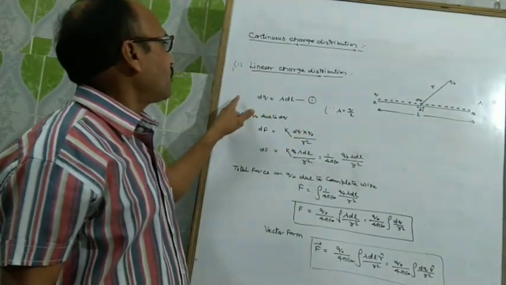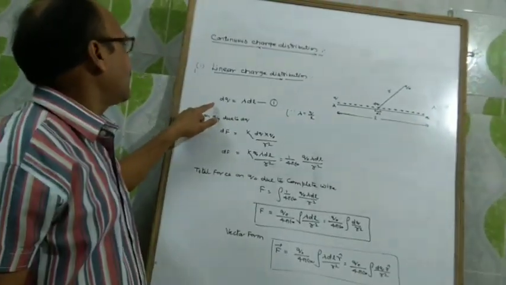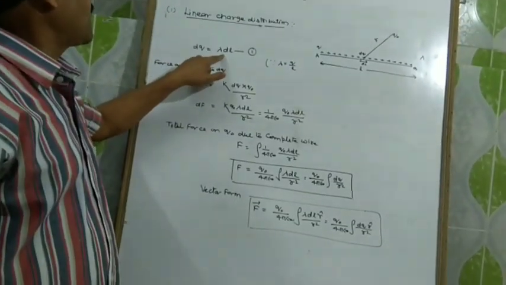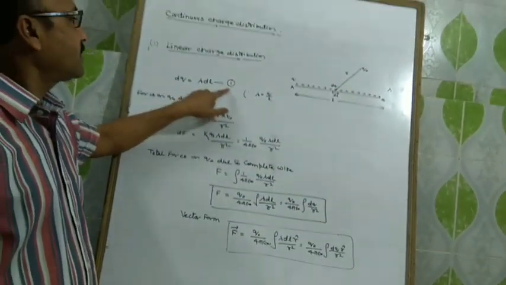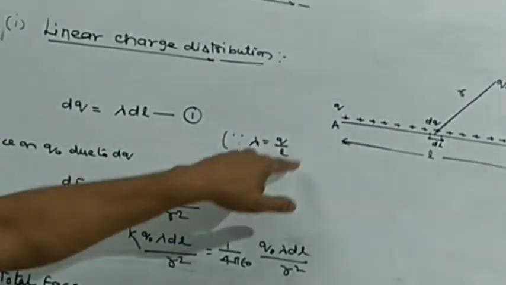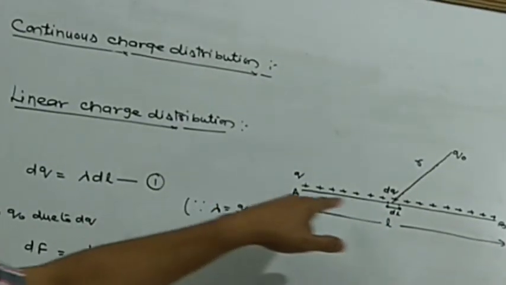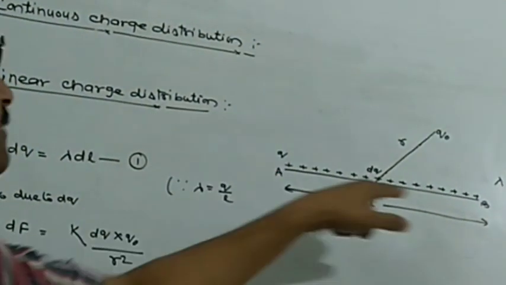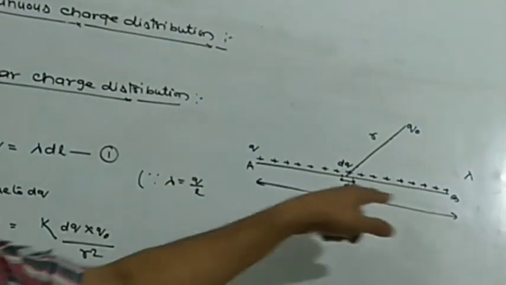So the charge on this small element dl, dq will be equal to lambda into dl. Since the formula of lambda equals q upon l, here q charge is spread on this complete L length.